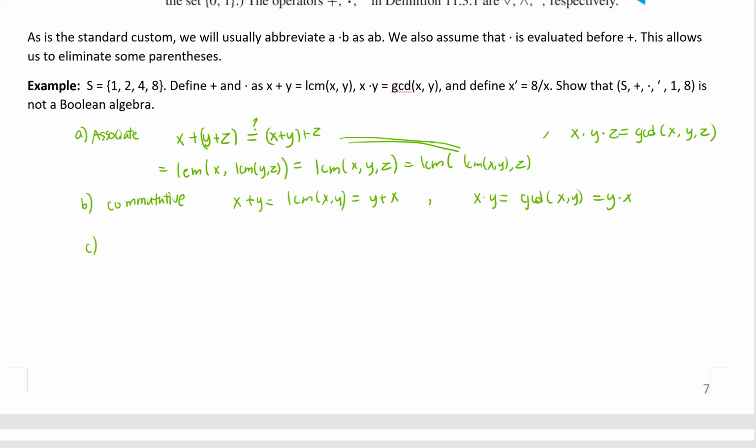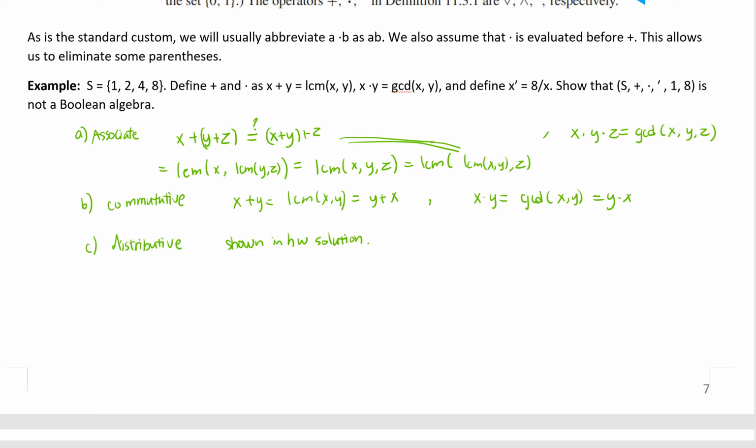And for C, the distributive law, this is quite complicated, and let's not show it here because I've shown it in our homework solution. I have proved to you that the distributive law actually holds.